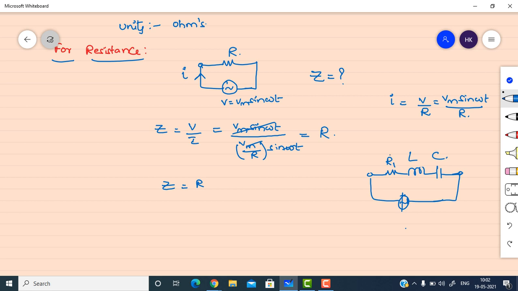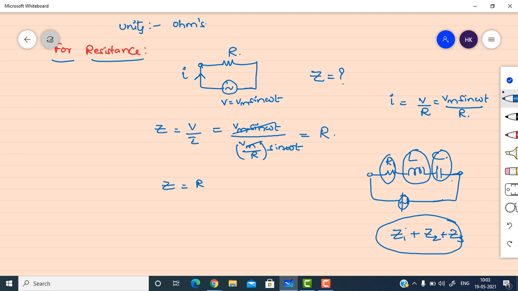We have to find out the impedance for this resistor, the impedance for this inductor and next the impedance for this capacitor. Then you have to add all those Z1 plus Z2 plus Z3. If all are resistors, you can add. But if these three are different elements, then you have to find out the impedance of each element. Then you have to add all those impedances.